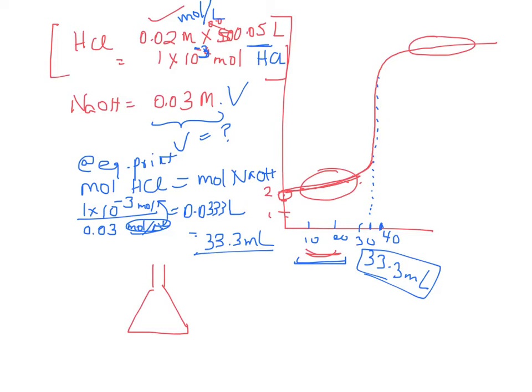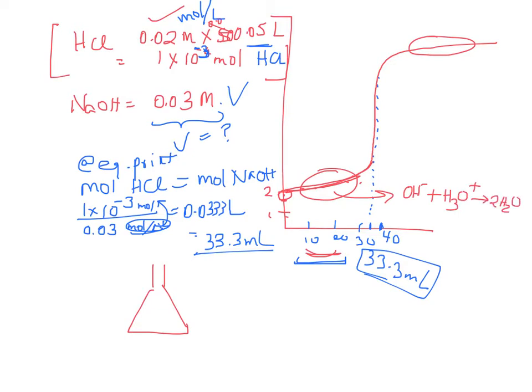Now, as you add the sodium hydroxide into the solution, it's going to neutralize the hydronium. So the reaction occurring in this region is that the added OH negative is interacting with the hydronium ion, and it's giving you 2 molecules of water.